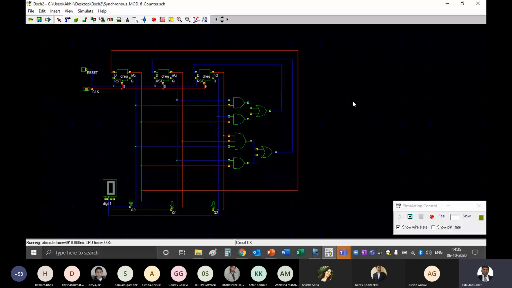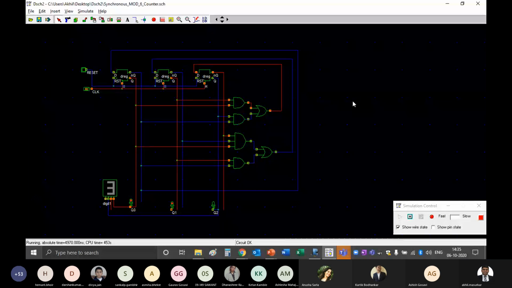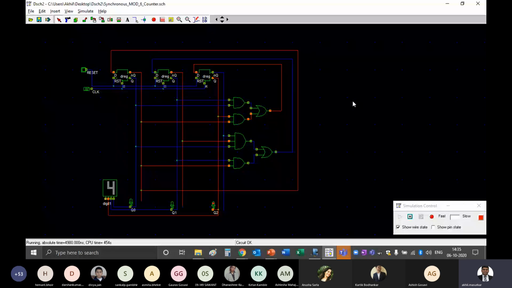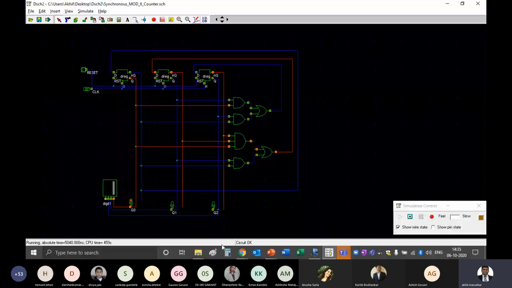So you have to read the LEDs from right to left, not left to right. So this is the implementation.